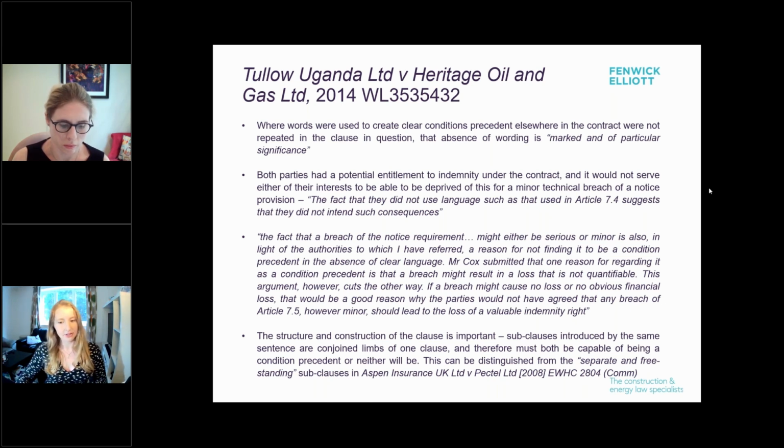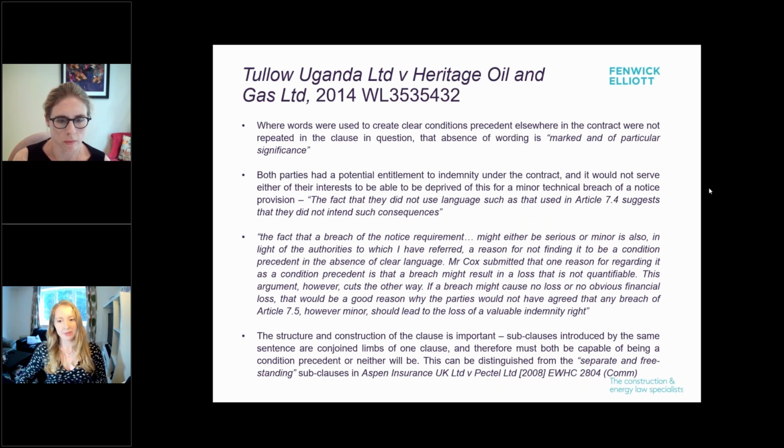Notably, this is different to the approach in Aspen Insurance, where it was decided in that case that the fact that one contractual provision under a grouping of provisions headed condition 4 was not a condition precedent did not prevent another provision under that same heading, condition 4, from operating as a condition precedent.